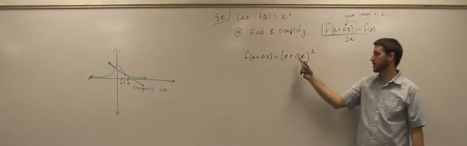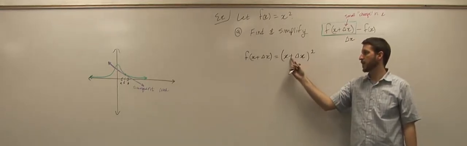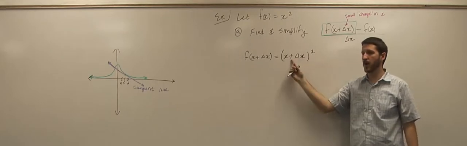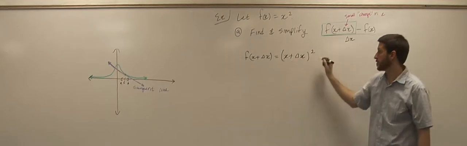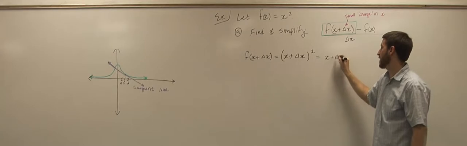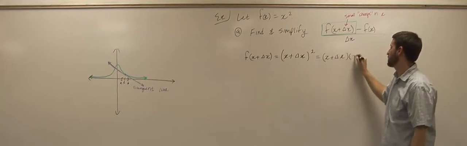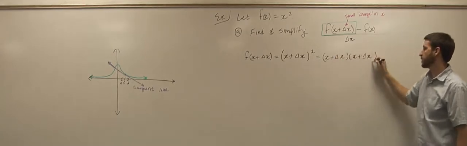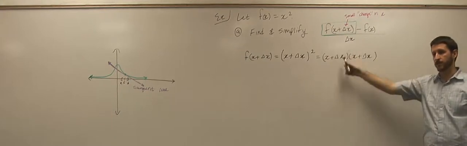And then this is where your algebra has to take over. If you're squaring a sum, you have to FOIL. So you would write this as x plus delta x times x plus delta x, and then square this out, or FOIL this out.